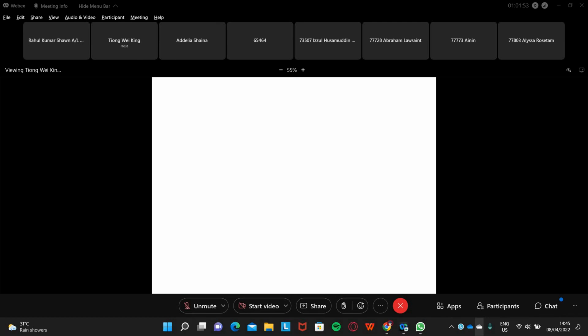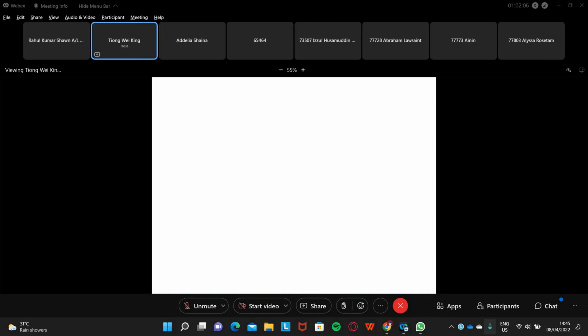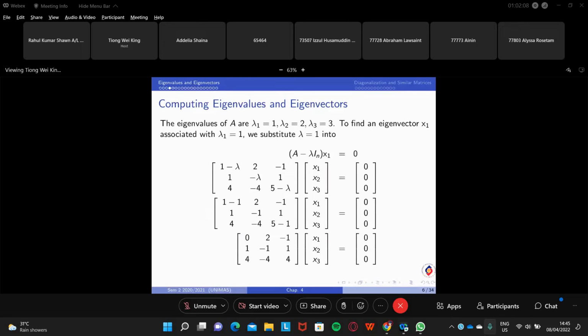Find the eigenvector. Once we have the eigenvalues, you need to substitute each lambda into this system. Remember the second step?